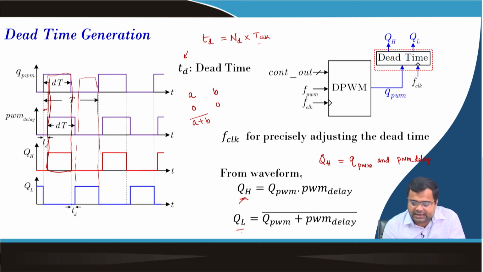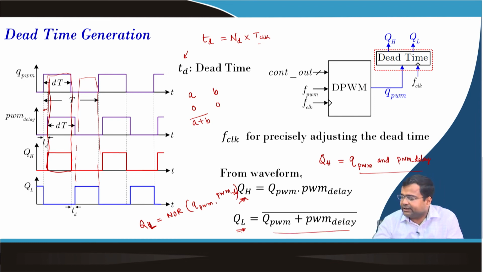QH is the AND of two signals, basically an AND gate, and QL is the NOR operation of QPWM and PWM delay, and this is exactly what is written here.